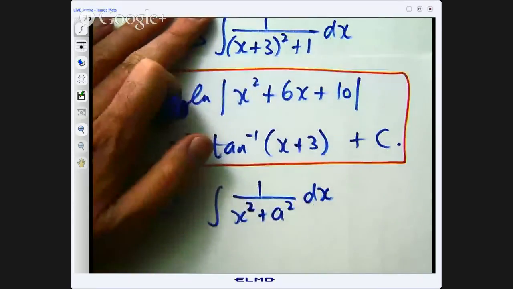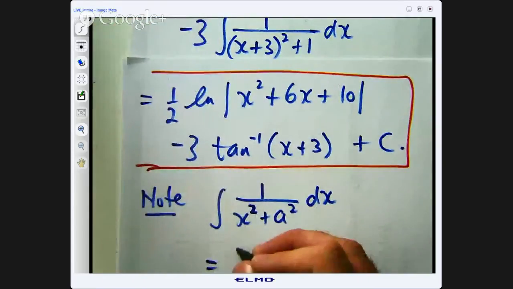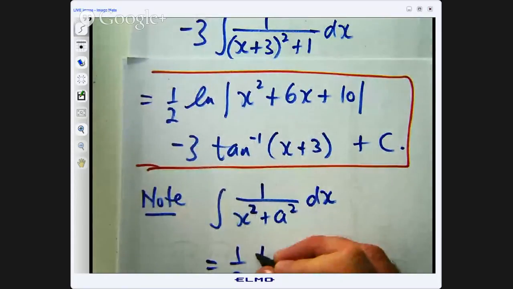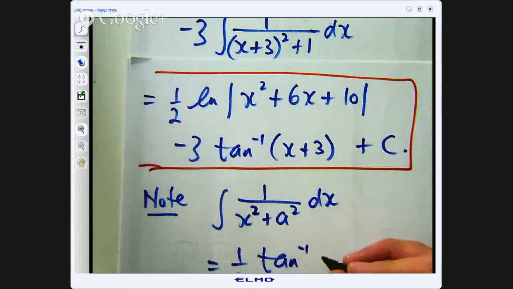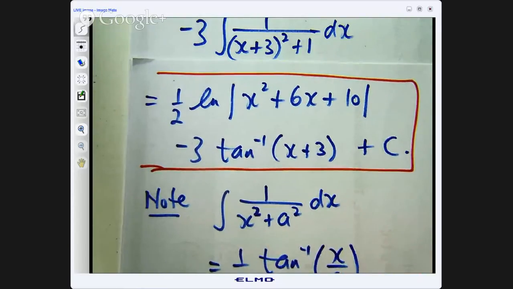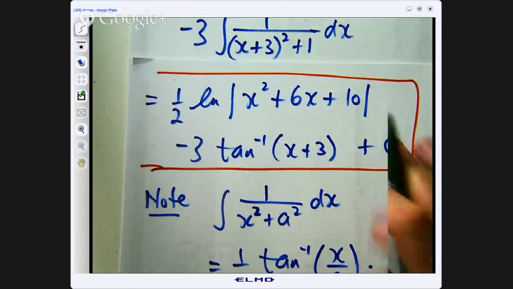Let me push that up. That is just 1 on a squared plus u squared, where a is a constant here. And you can have u here if you wanted to. And I'll leave off the constant of integration. There we go.